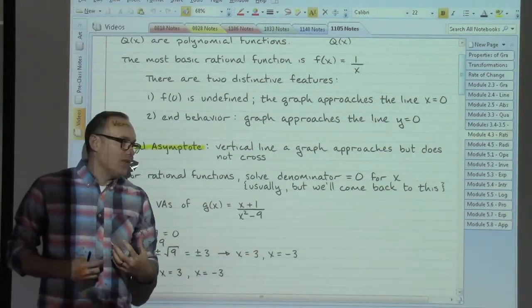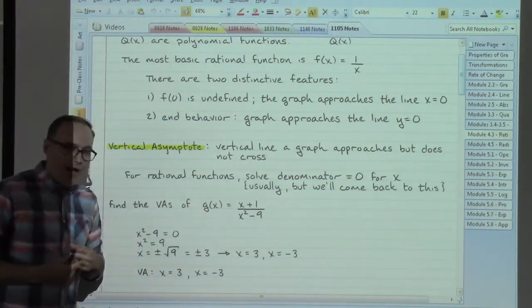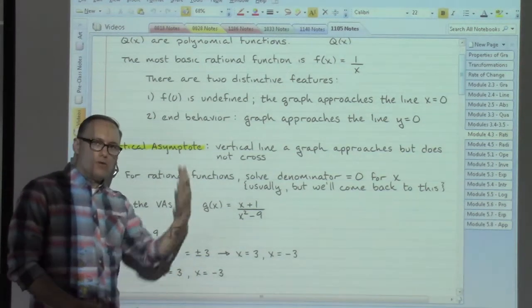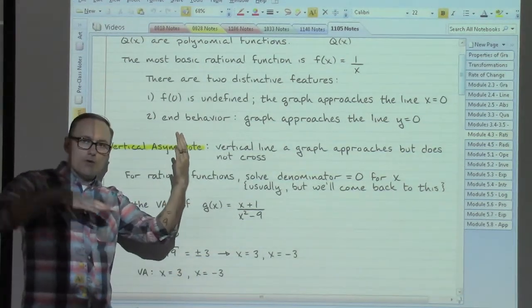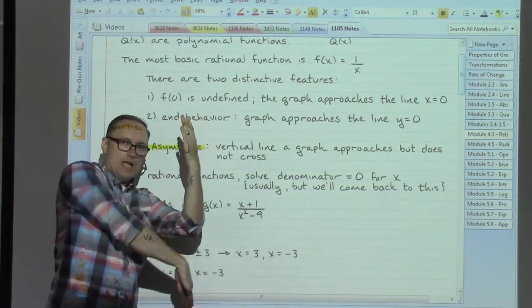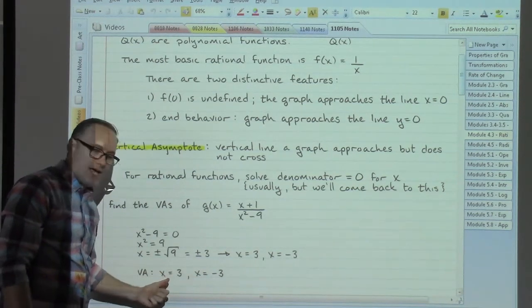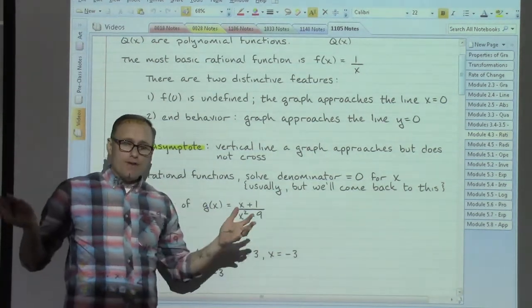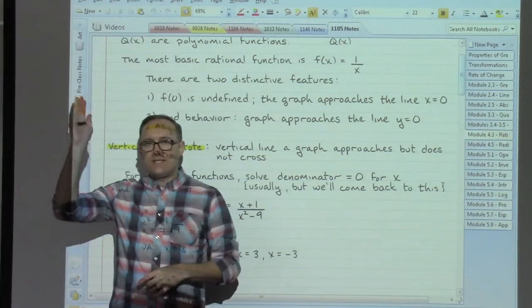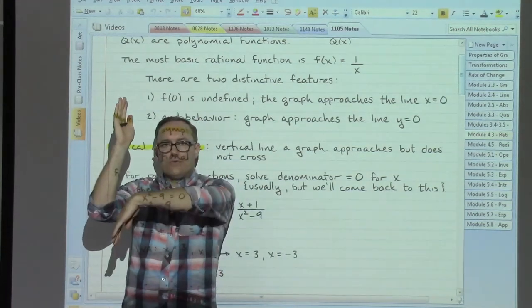If we were taking a look at a graph, and we could get our graphing calculator to help us out with this, our graph on the left side of x equals -3 would approach that vertical line somehow or another. Either it would approach it, come in, and shoot upward, or it would approach it coming in and shoot downward. In between the x equals -3 and the x equals 3, all different kinds of stuff could be going on, but as we got close to the x equals -3, we would be coming in, shooting up, or shooting down.